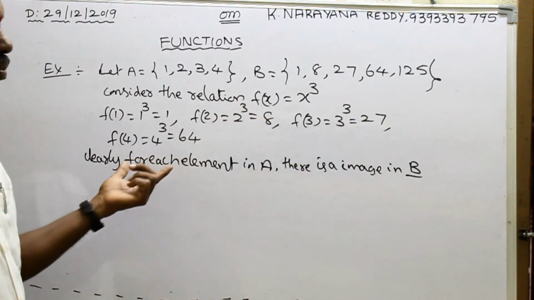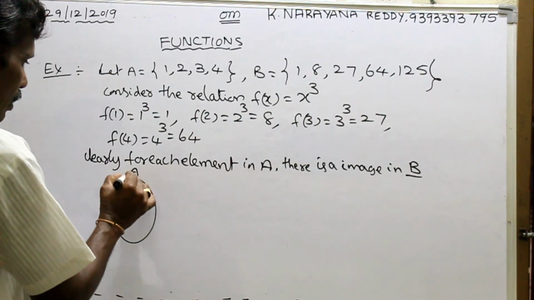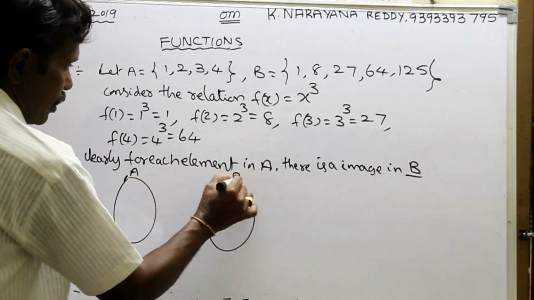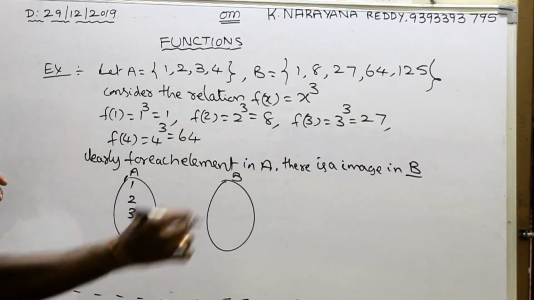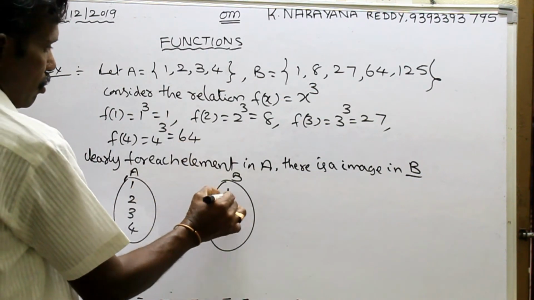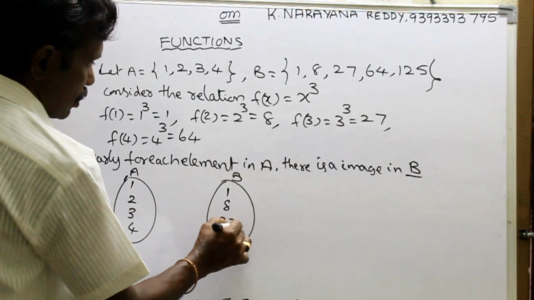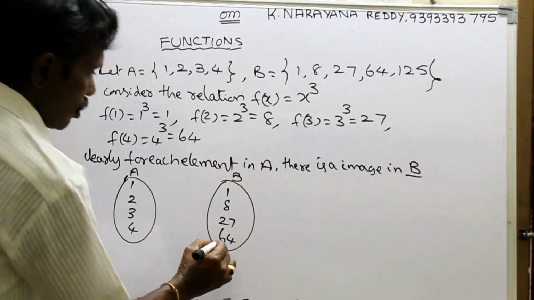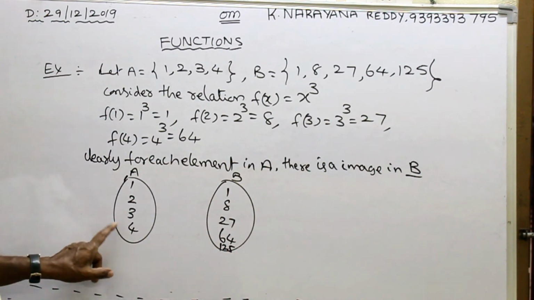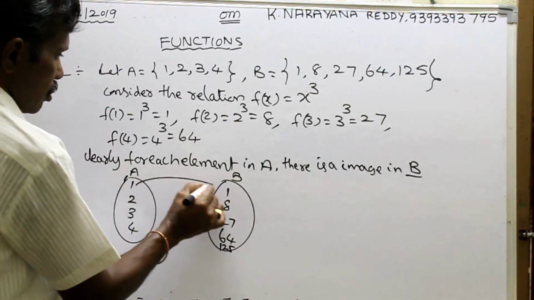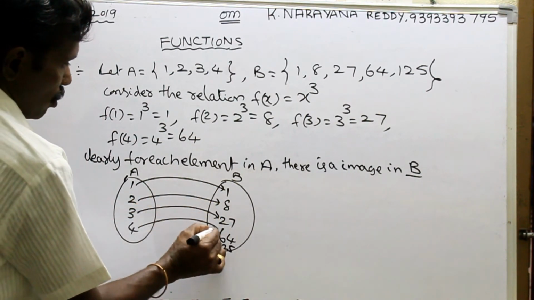Object and image, for example, you can take the set A and set B. Set A has 1, 2, 3, 4, and set B has 1, 8, 27, 64. 125 is there, but there is no mapping from A. 1 to 1, 2 to 8, 3 to 27, 4 to 64.